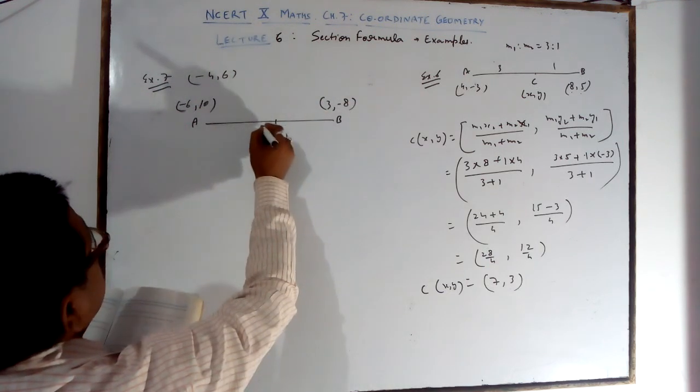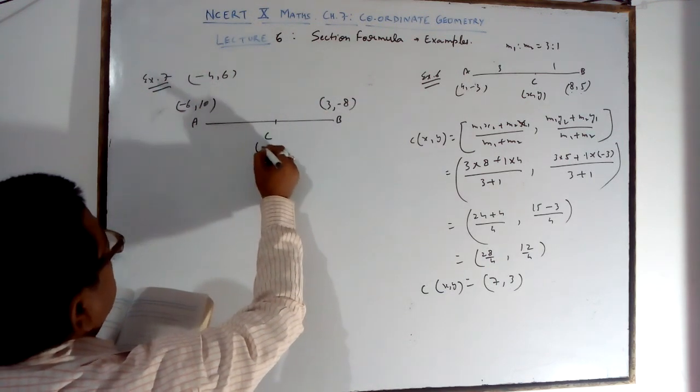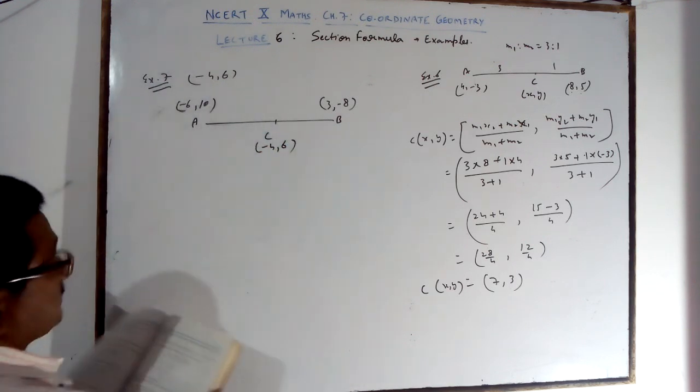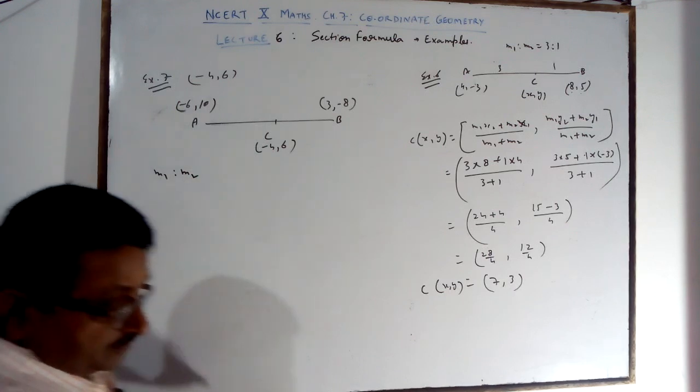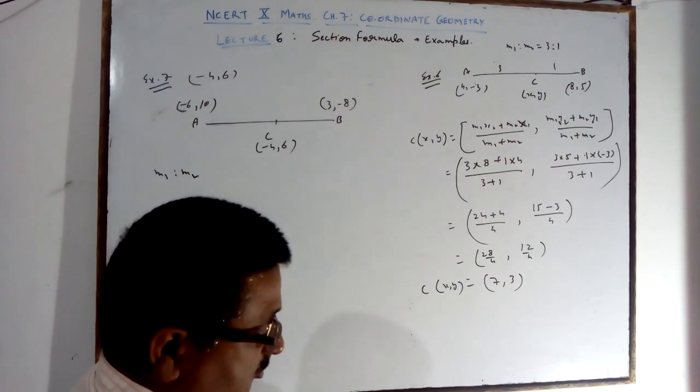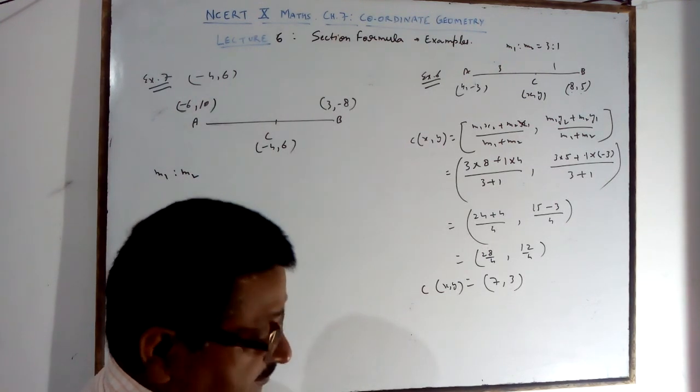A point C is given whose coordinates are minus 4, 6. You want to find the ratio m1 to m2. You will learn this formula.